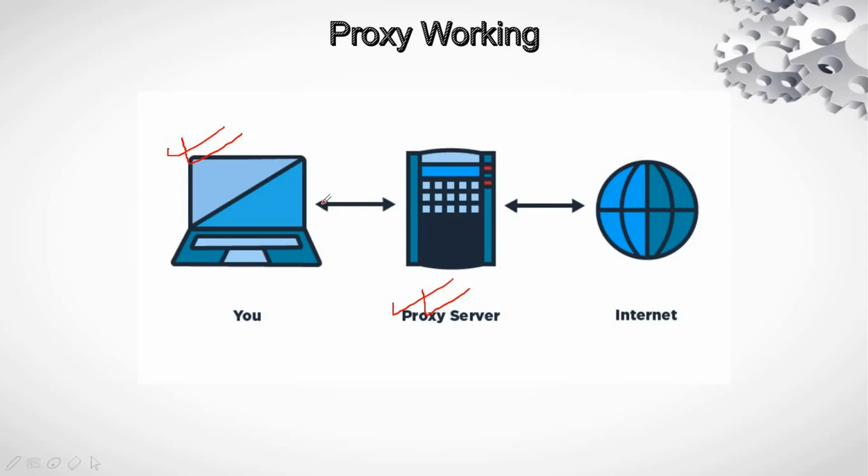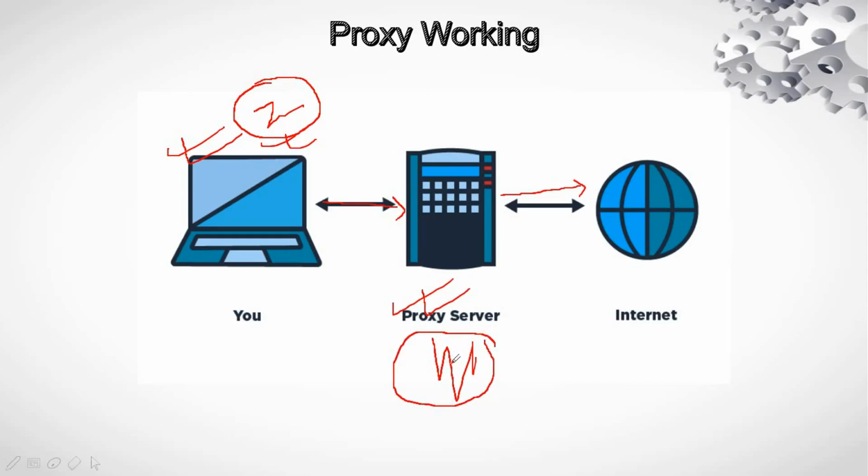Now your connection goes to that proxy server, and from the proxy server it goes to the internet, I mean the server or the website that you are connecting to. Now let's say your computer is this one and you have a certain IP address, for example. I'm just assuming this, and let's say this is the proxy server and this is the IP address of that particular proxy server.